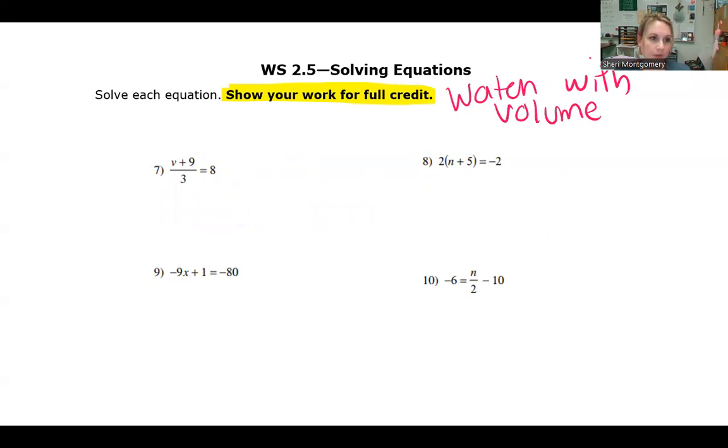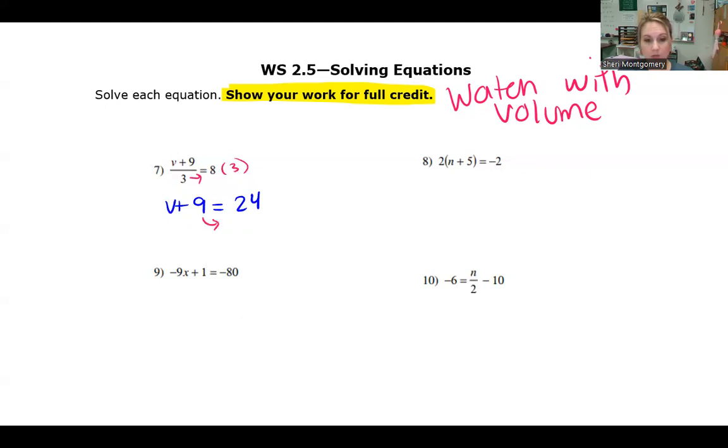We want to first get rid of that fraction, because who wants to work with a fraction? So to undo divide by 3, we can multiply by 3. So we get v plus 9 is equal to 8 times 3. 8 times 3 is 24. Then it's just a simple one-step equation.